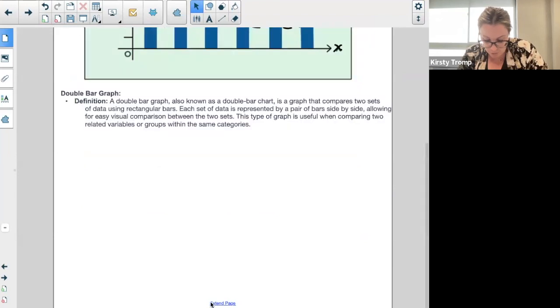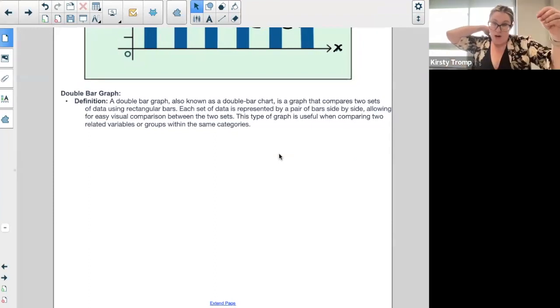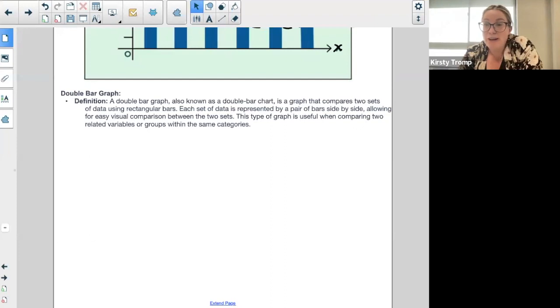It's a graph where you're comparing two sets of data. The difference between a bar graph and a double bar graph is that in a double bar graph, you're comparing two sets of data, not just one thing. It also uses rectangular bars, and each set of data is represented by a pair of bars side by side, allowing for easy visual comparison between the two sets.